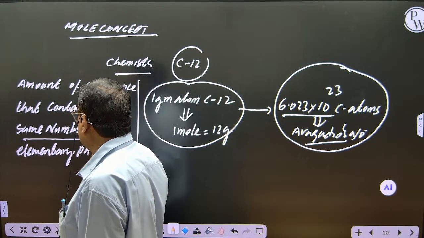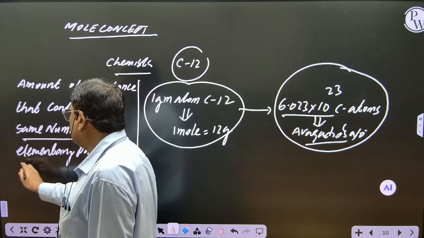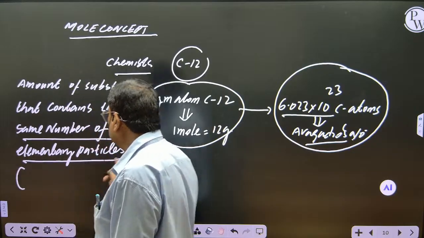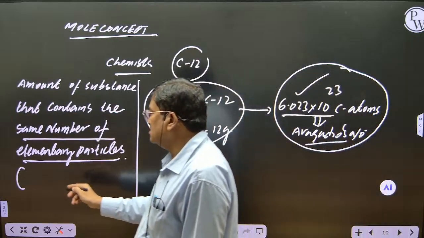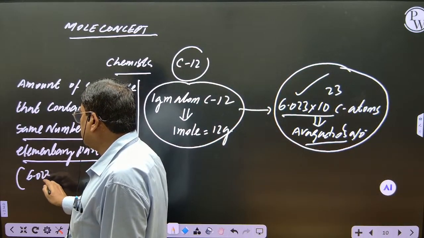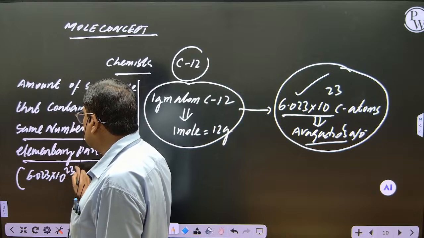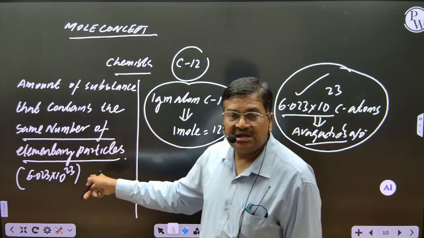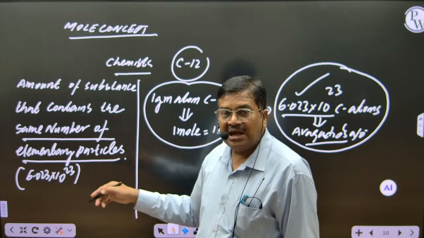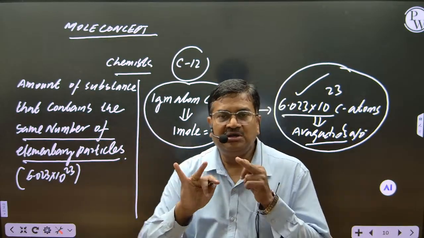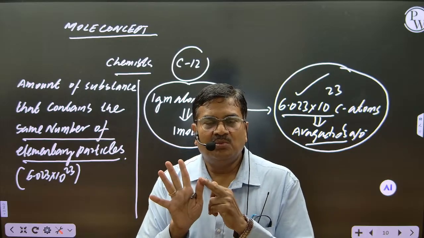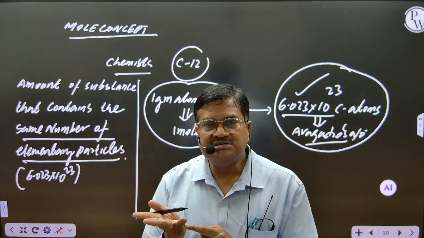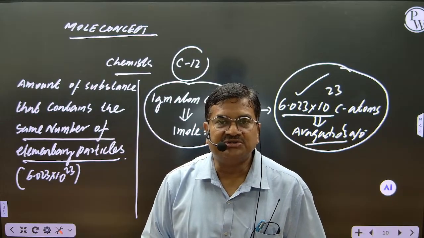Then what are those elementary particles? Students, these elementary particles are nothing but this number. What is that number? 6.023 into 10 power 23. These elementary particles can be atoms, molecules, ions, electrons, protons, neutrons, or even your name also.